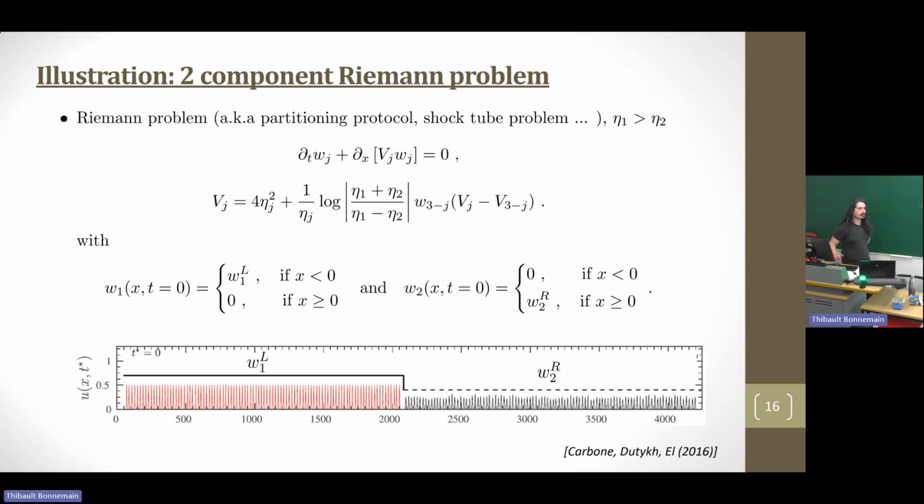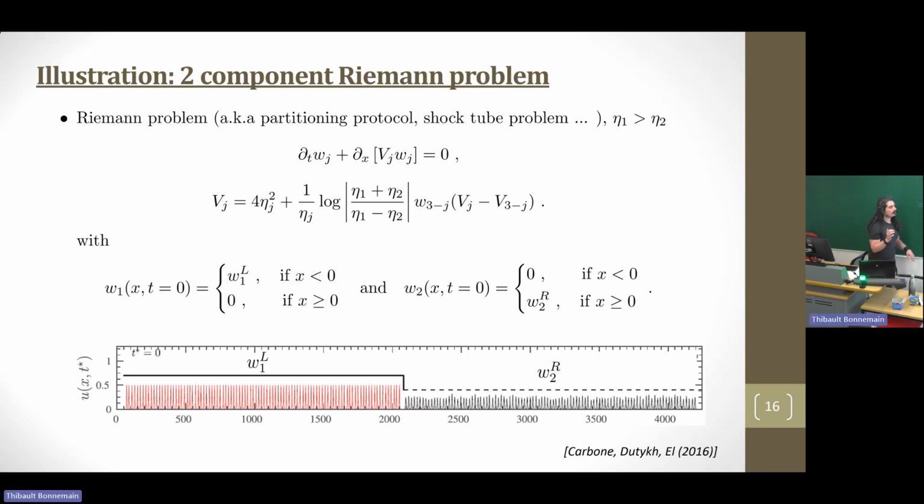Okay, so the Riemann problem, which is also known as the partition protocol or the shock tube problem, is a standard problem in hydrodynamic theories, and it's usually used as a benchmark to evaluate the validity of an approximation or the accuracy of a numerical scheme.